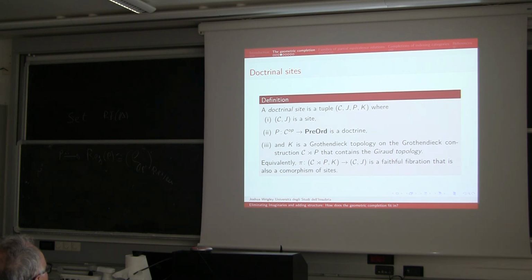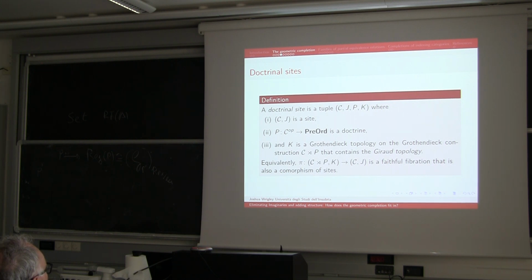And we need some properties on that Grothendieck topology. We need it to contain the Giraud topology, which is the same as saying that the projection from the Grothendieck construction to the base category has the cover lifting property. That is to say, it's a comorphism of sites. So what's going on here is that we have our base category representing some sort of base algebraic structure.